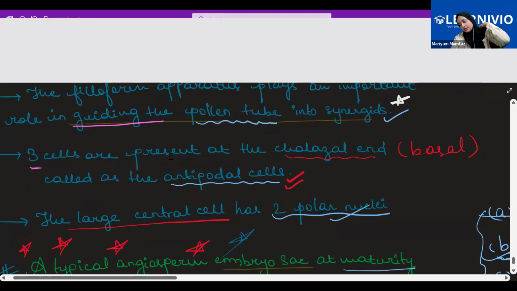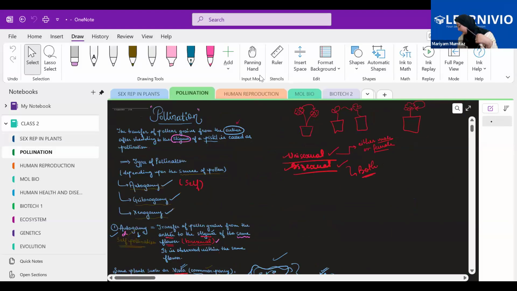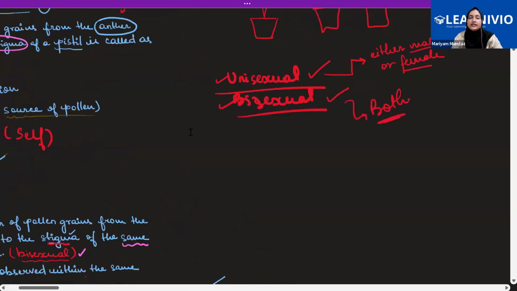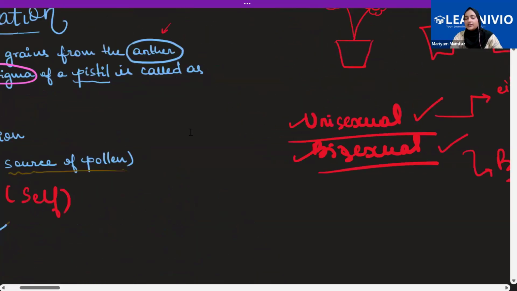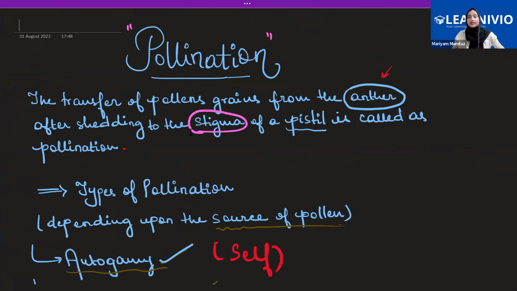Pollination is the transfer of the pollen grains from the anther, of the male gametophyte, to the female part, that is the stigma. It is the transfer of pollen grains from the anther to the stigma. The process is called pollination.